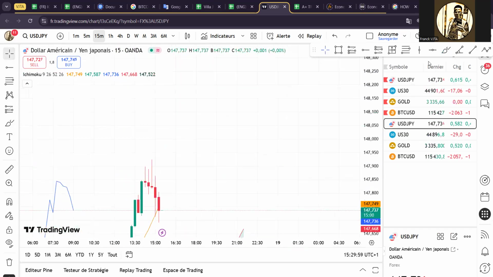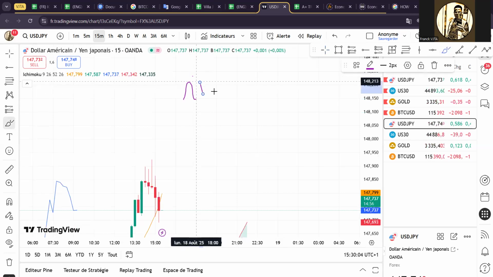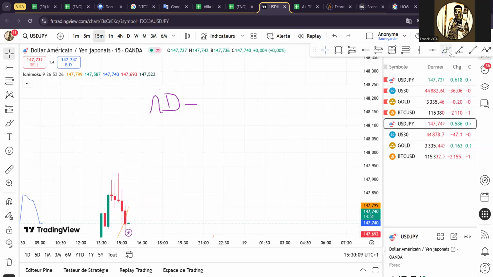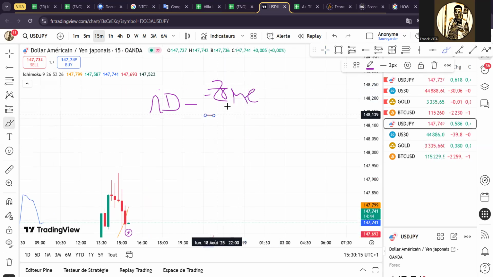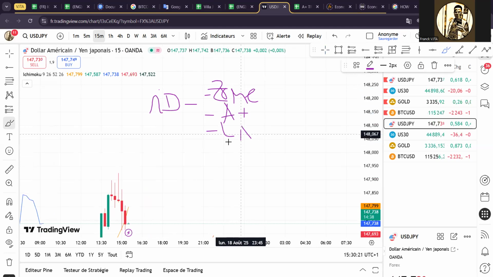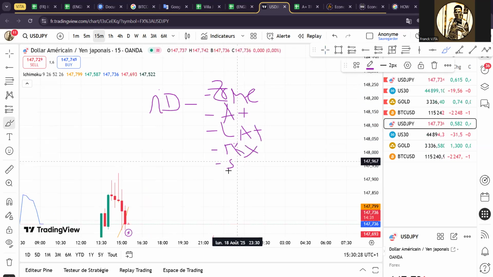Secondly, how do we identify the instant direction? From what we saw, we have the zones first. We start with the zones. Then we have the A plus setup, then the length of the A plus setup. After that, we have the Tenkan cross, then the SSB cross, then the KSB.